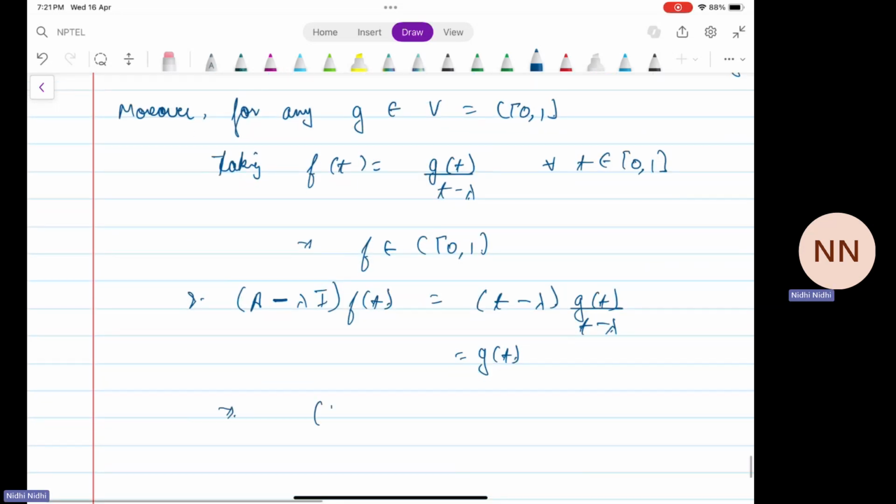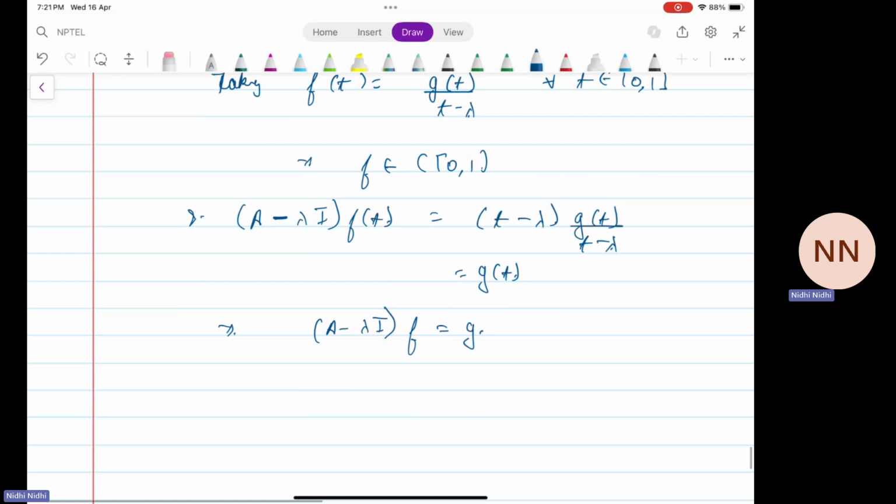This implies (A minus lambda I) f is equal to g. Since g belonging to V was arbitrary, therefore A minus lambda I is surjective as well. Hence bijective because it was injective earlier.